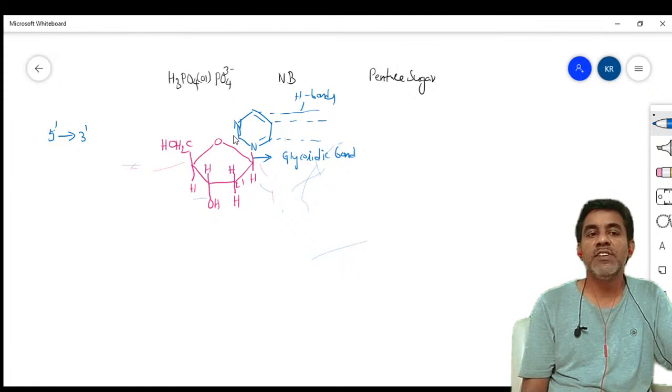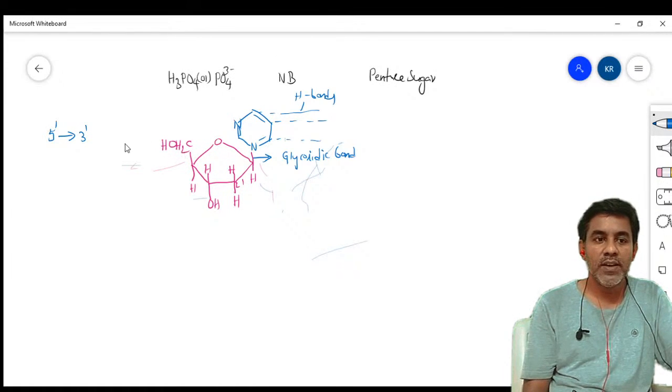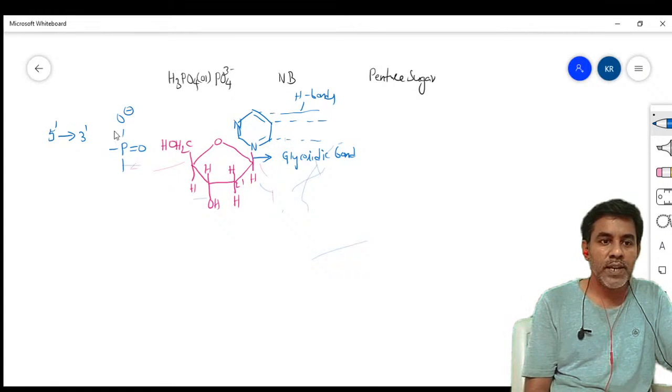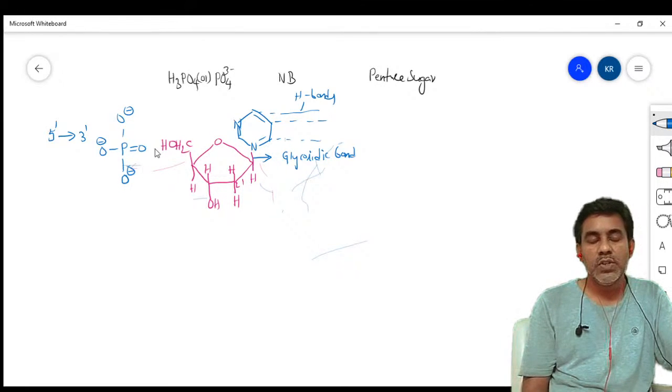But for the formation of nucleic acid you need a nucleotide, that means you add the phosphate molecule. Here at the CH2OH location, the phosphoric acid will come like this: P double bond O, O minus, O minus. In between the CH2OH and the PO4 3 minus, a bond forms.